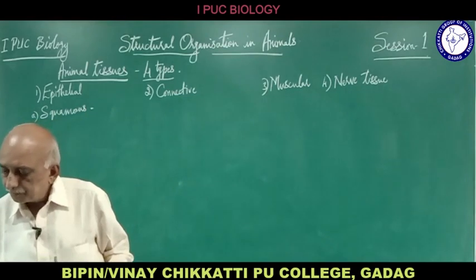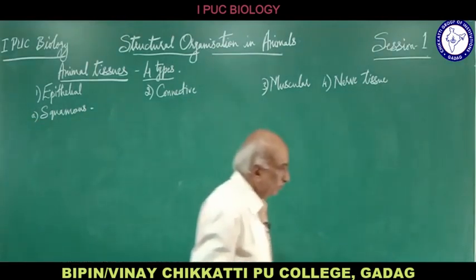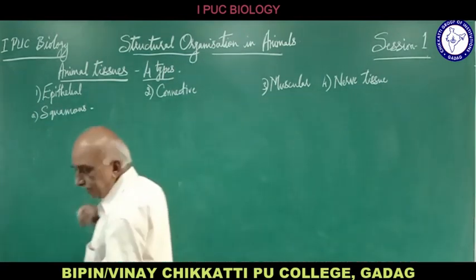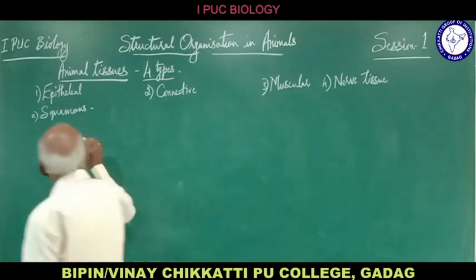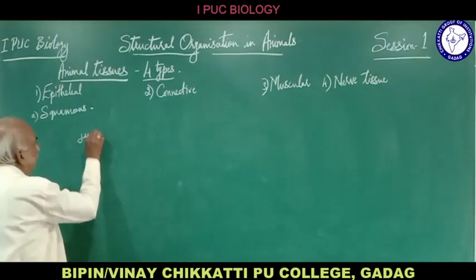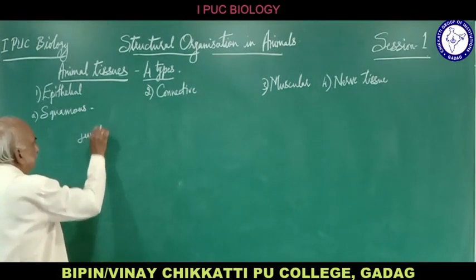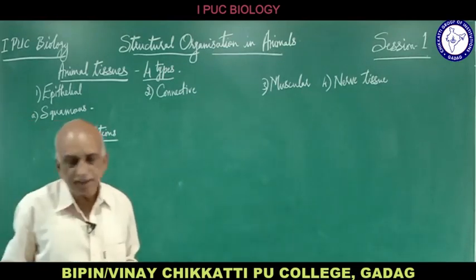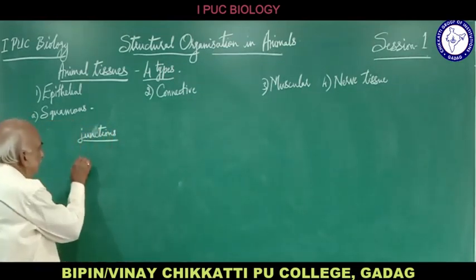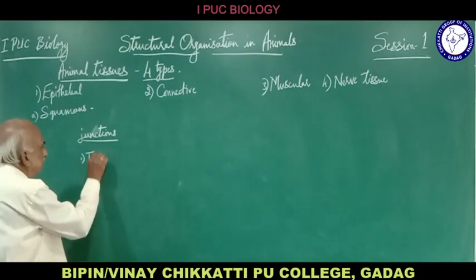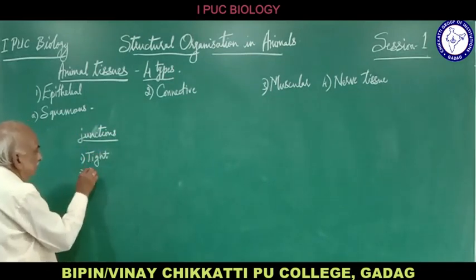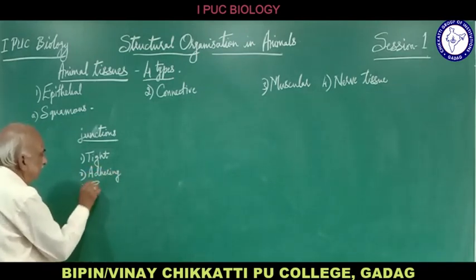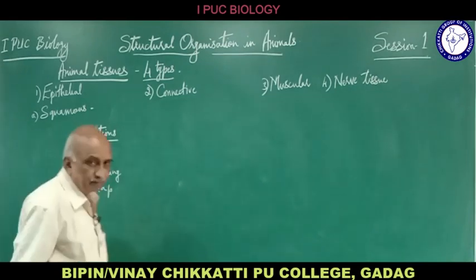Before going to that basic structure, one more aspect of epithelial tissue. In epithelial tissue, we have certain junctions which are present in between the cells. These structures help in certain functions. There are three types of junctions in between the cells: tight junctions, adhering junctions, and gap junctions.